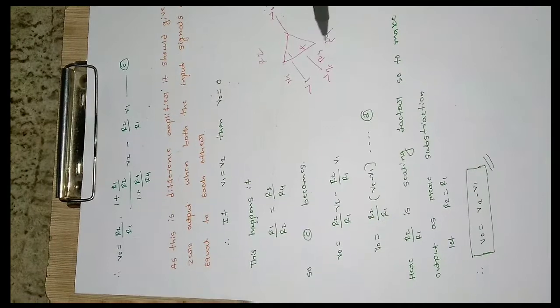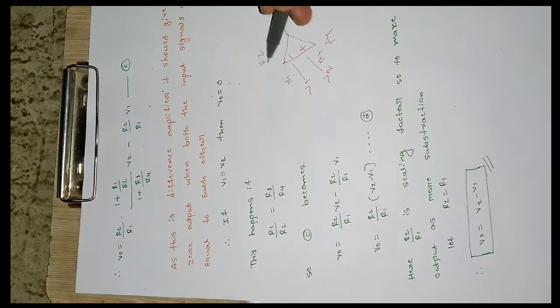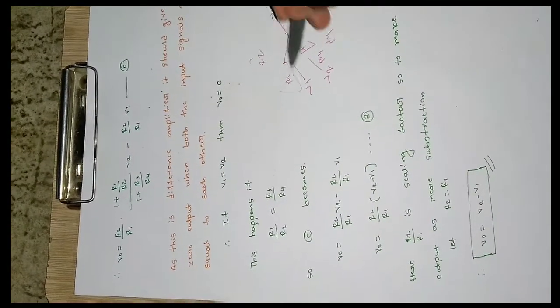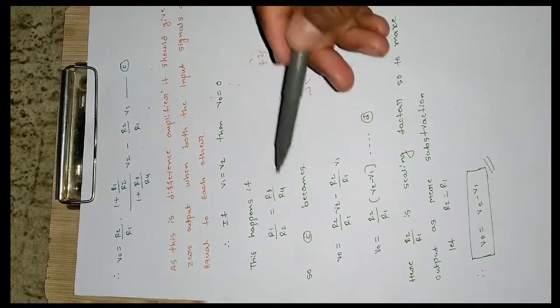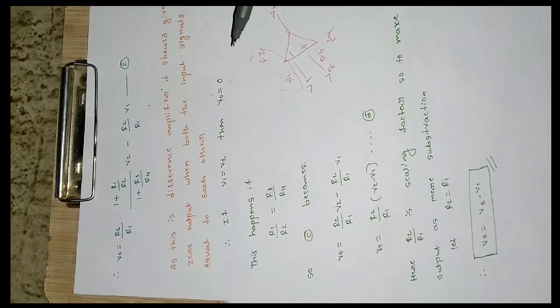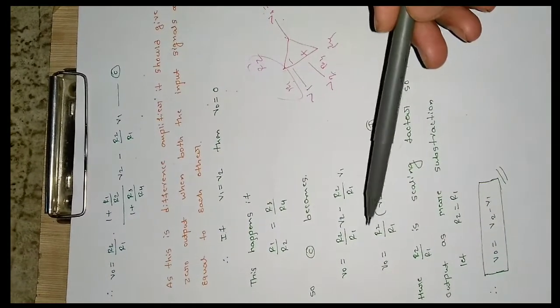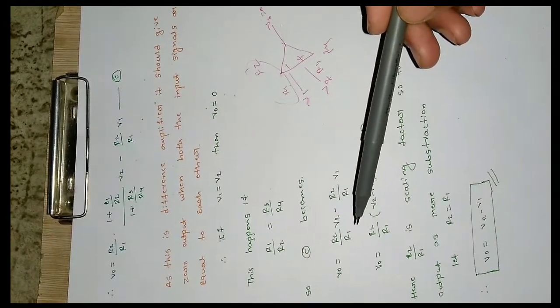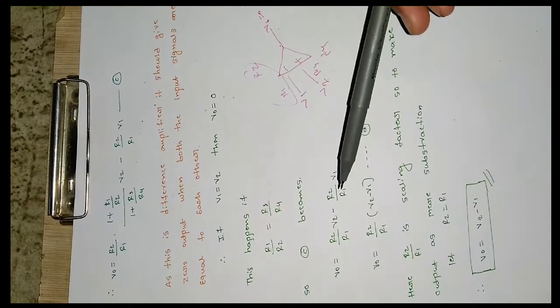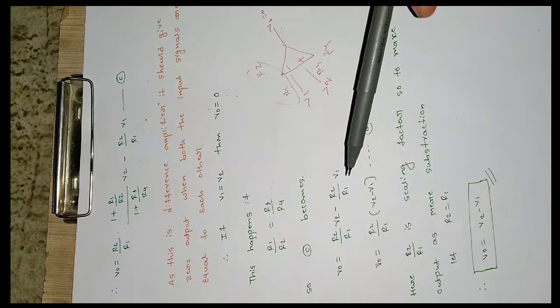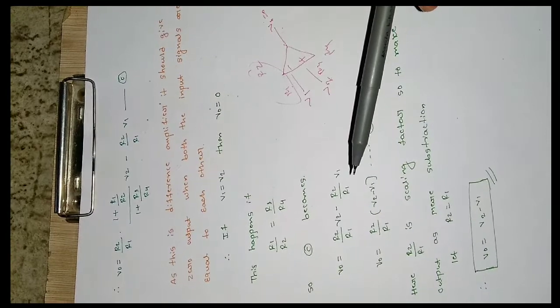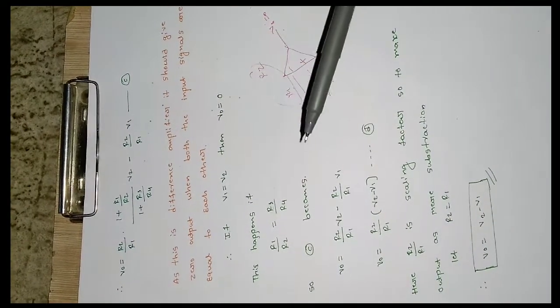Their ratios should be equal to each other, that is R1 by R2 equals R3 by R4. So equation C will now become V naught equal to R2 by R1 into V2 minus R2 by R1 into V1.